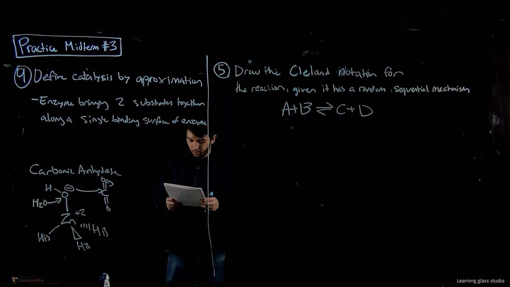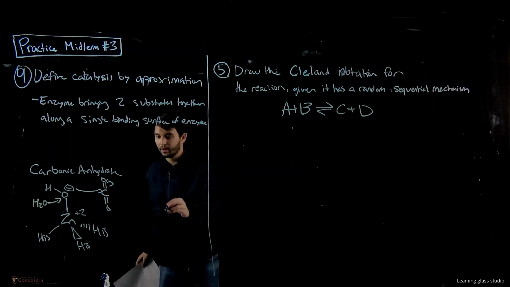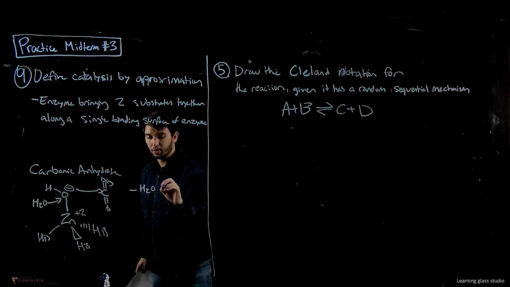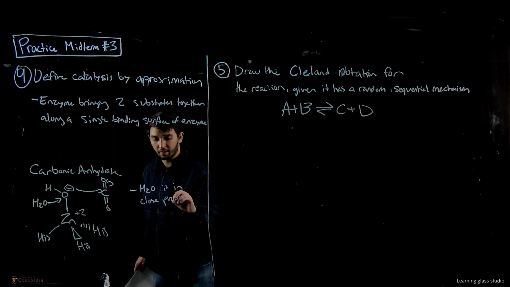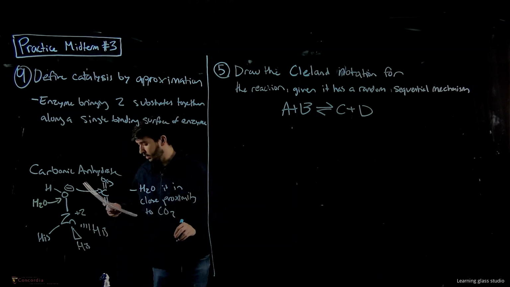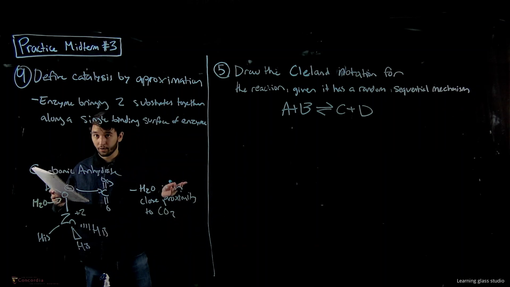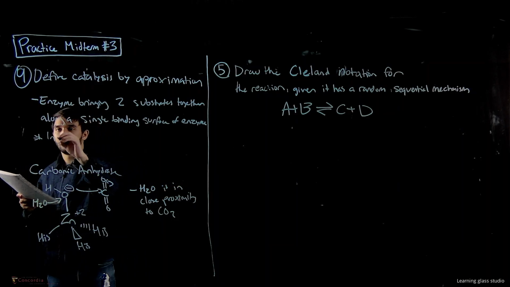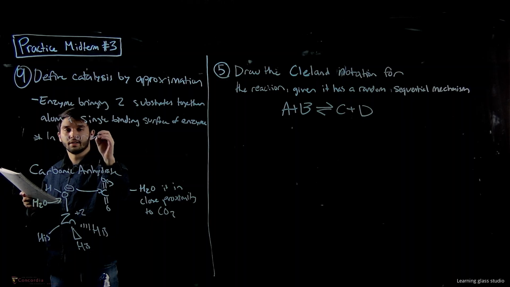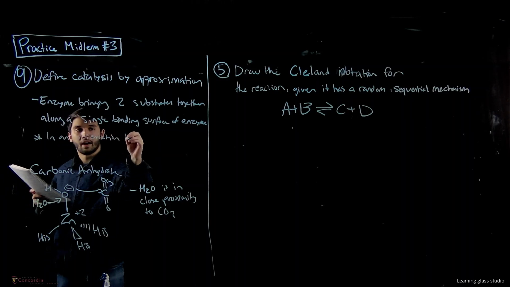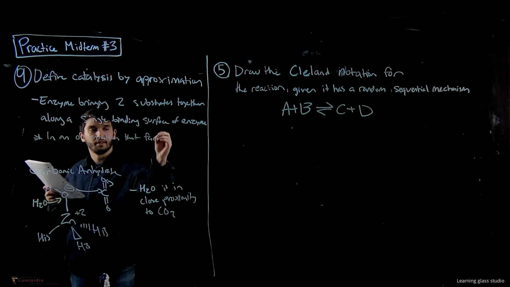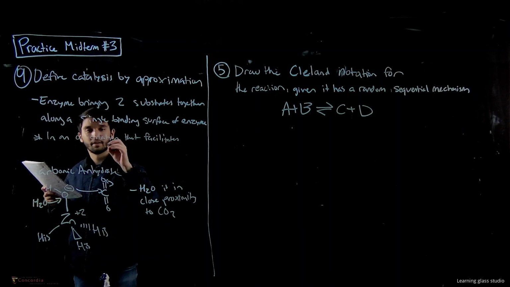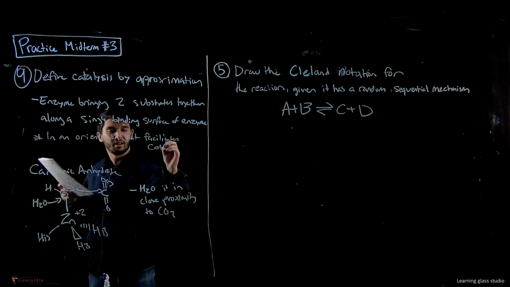So essentially, what we see here is that H2O is in close proximity to CO2. The other thing to note here is that this has to be in an orientation that facilitates catalysis.